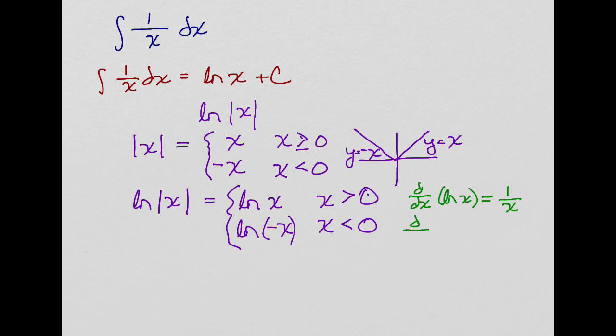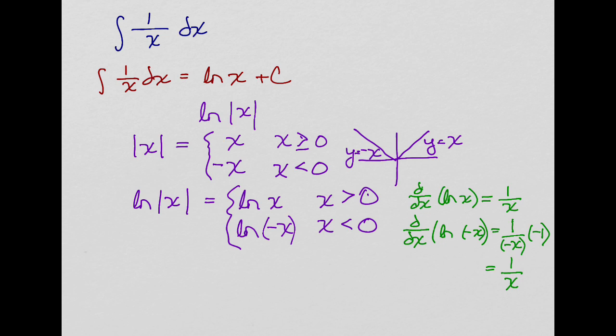The derivative of the natural log of negative x, well, let's see. The derivative of the natural log function is 1 over its argument, so 1 over negative x, times the derivative of what's in here. The derivative of negative x is negative 1. Negative 1 over x times negative 1 is 1 over x, which is how we needed it to turn out.